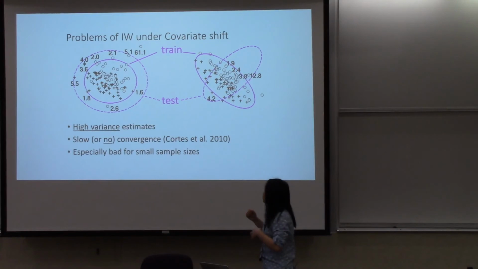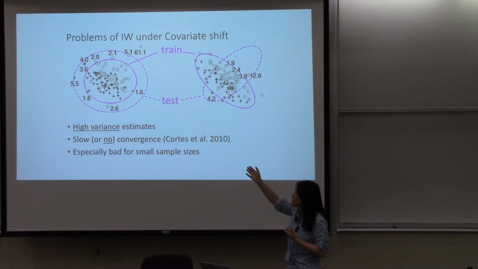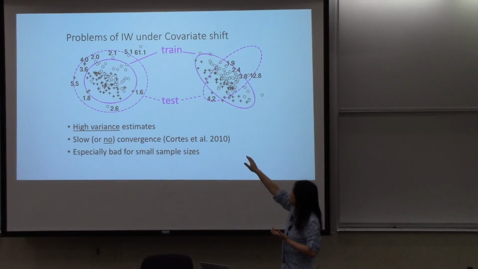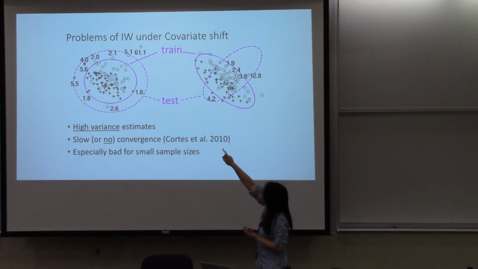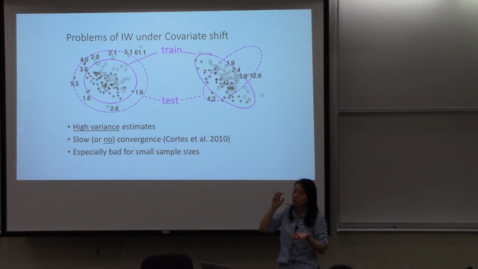In this case, you can imagine that if you weight the points like this, you can easily be dominated by outliers or a few data points. Look at the one with 61.1, which is a little far away from the middle, but has the largest ratio. Remember, reweighting examples like this means you're upsampling your data.